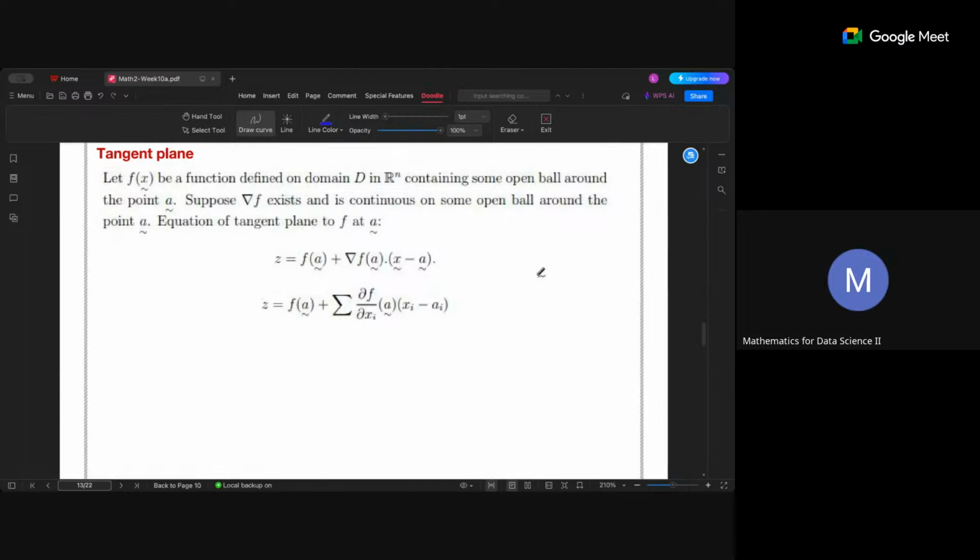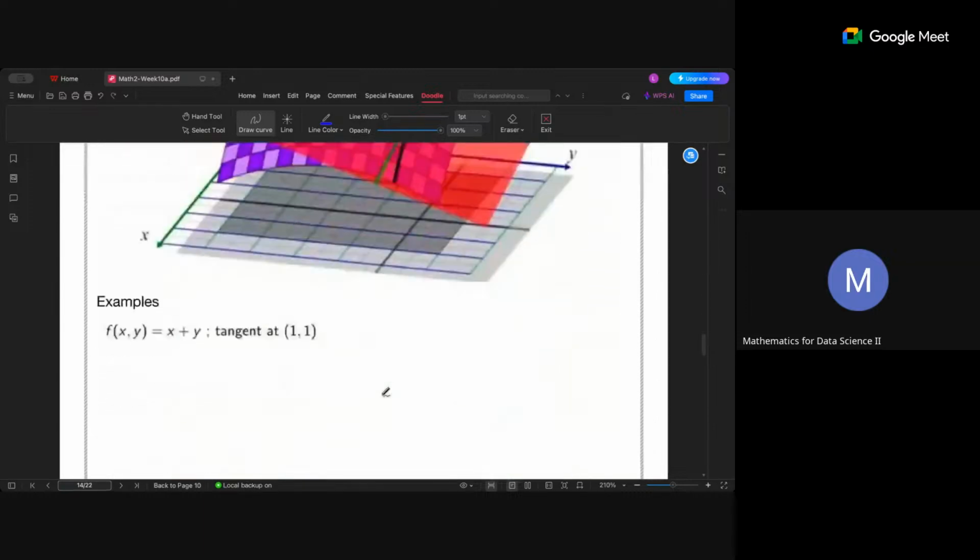You can see the similarity, right? So this is the equation of the tangent plane. Here again we are just looking at the equation, not at the derivative part. Okay, fine.